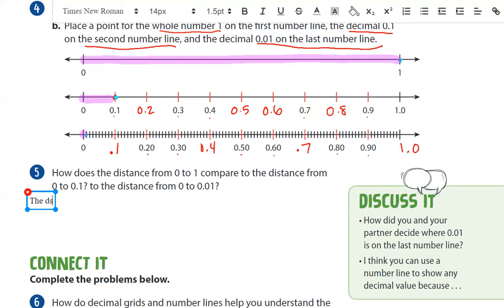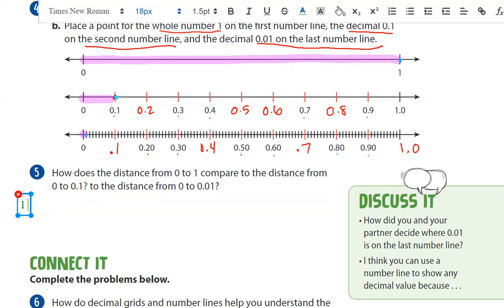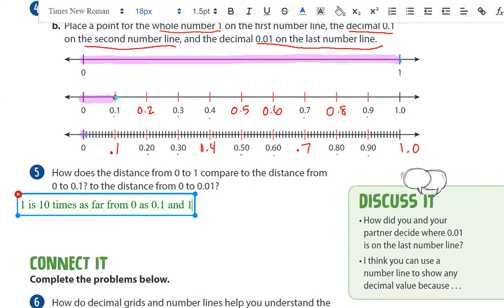The distance, oops, I'm going to change that, make it bigger, hang on. 1 is 10 times as far from 0 as 0.1, and 100 times as far from 0 as 0.01, which is a penny.